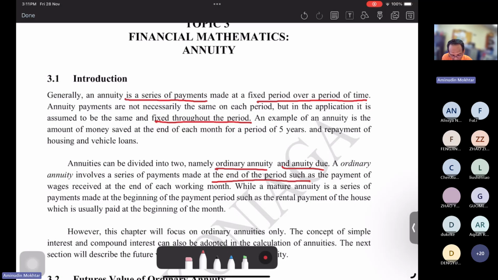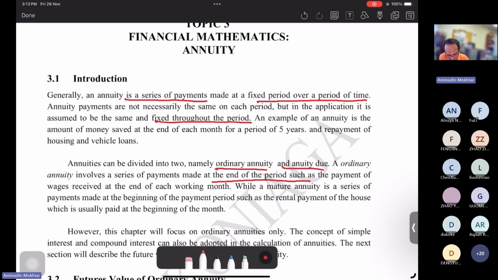Also, if you work, at the end of every month the workers get paid by their employer. That amount we know as income or wages. That's also one of the ordinary annuity.